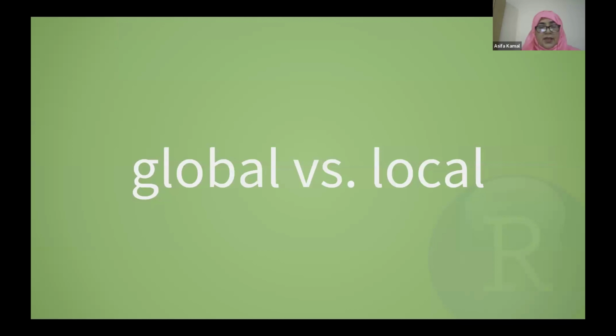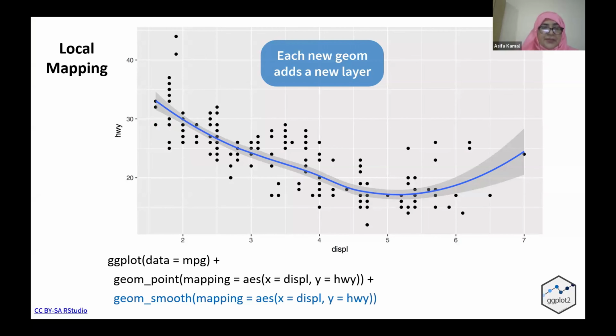Now we compare global versus local mapping. Local mapping is defined inside a specific geom, like inside geom_point. When we use the geometrical object for scatter plotting, that is geom_point, it is followed by the mapping and aesthetics: x is equal to displ on the x-axis and y is highway mileage on the y-axis.